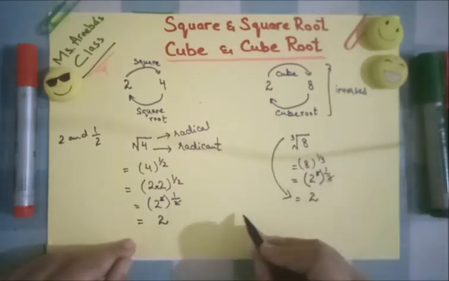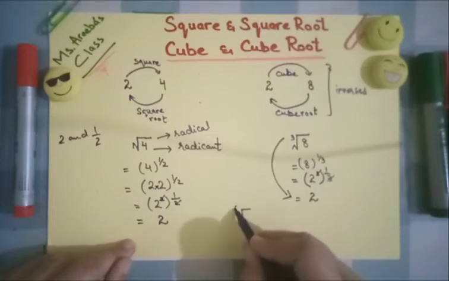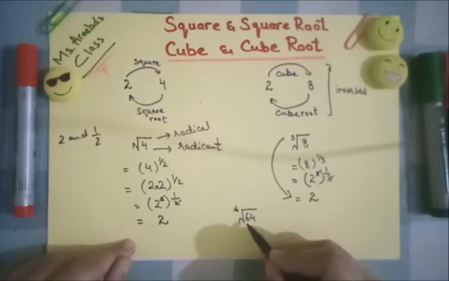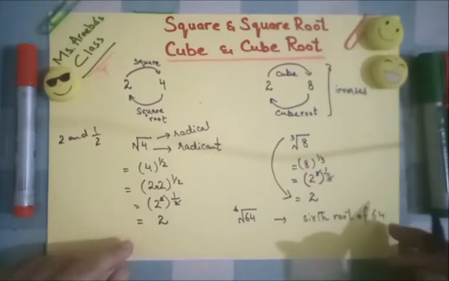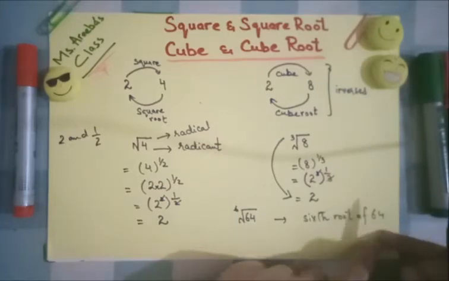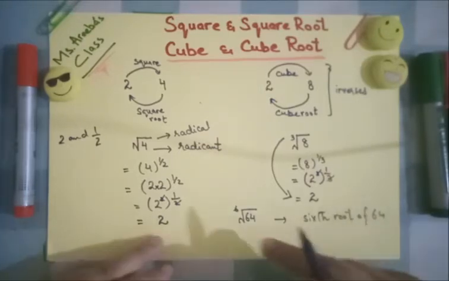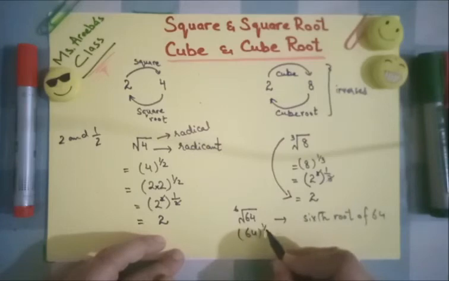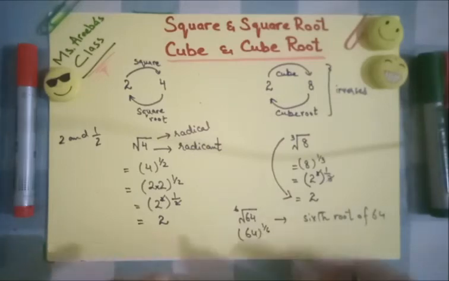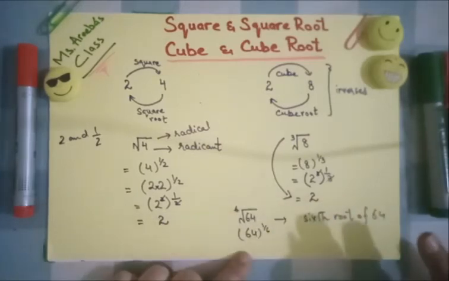In the same way, whenever there is a value at the corner, like if it is 6 and under the radical it's written 64, it means that now you have to find the sixth root of 64. By prime factorization you will solve it, make it a power in the form of 6, and then you have to know that the sixth root means 1 over 6. You just have to remember this concept mainly.